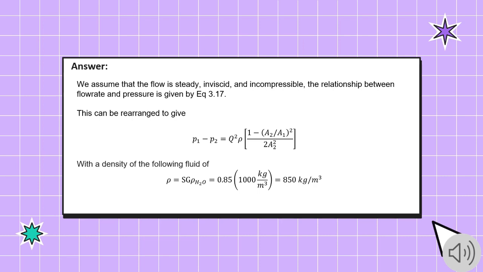To find the answer, we assume that the flow is steady, inviscid, and incompressible. The relationship between flow rate and pressure is given by equation 3.17. This can be arranged to give the pressure difference as given, and the final answer is we're going to get 850 kg per meter cube.